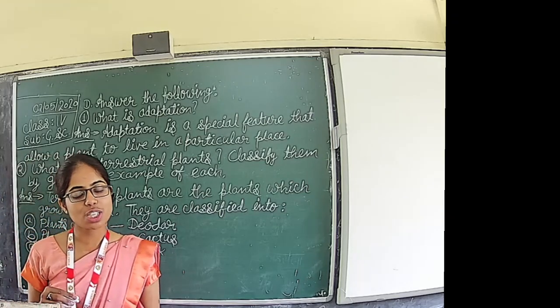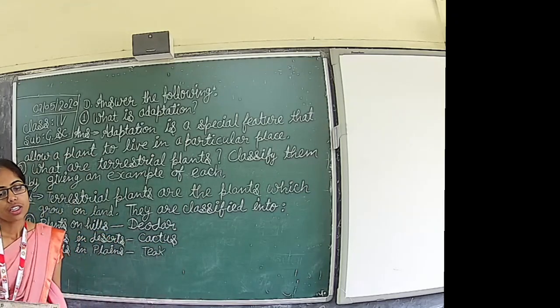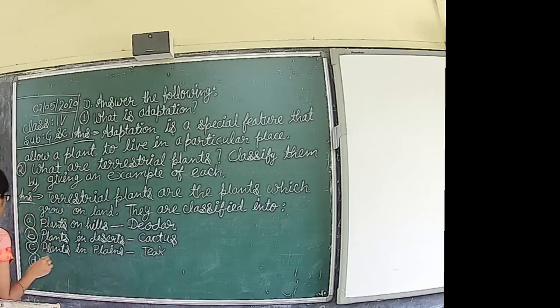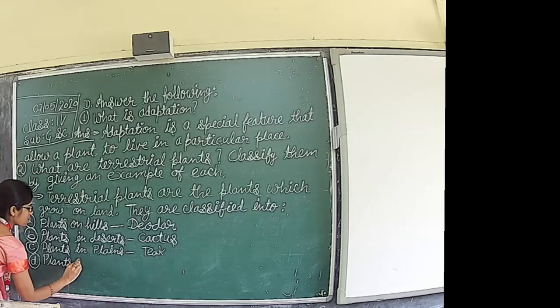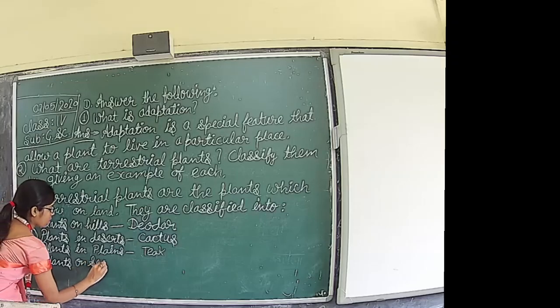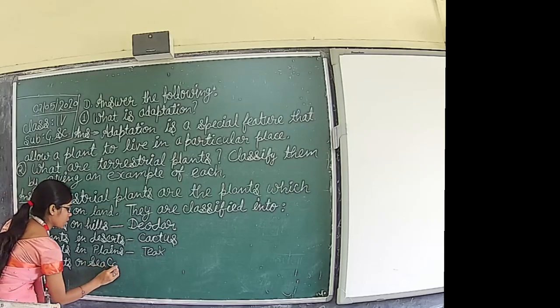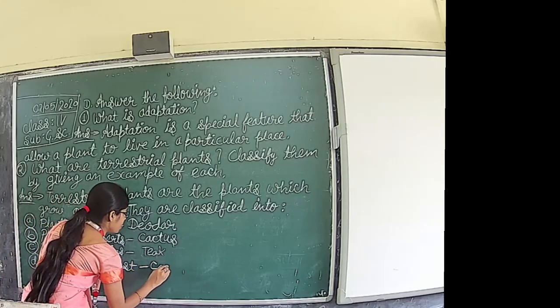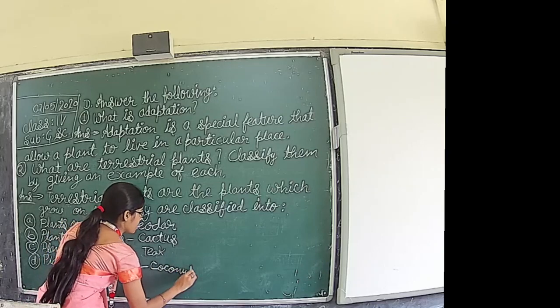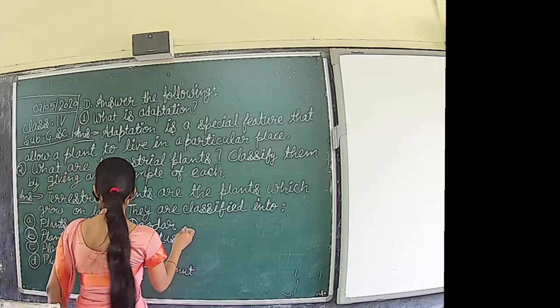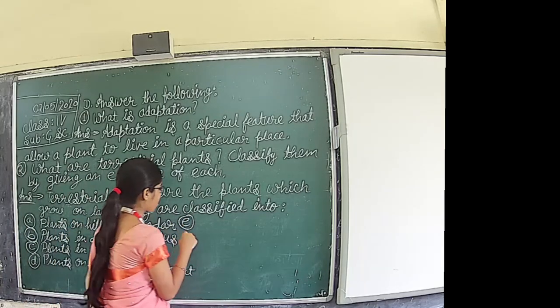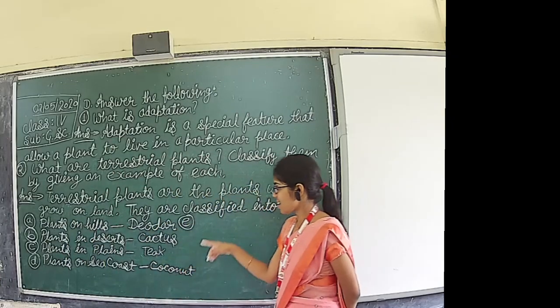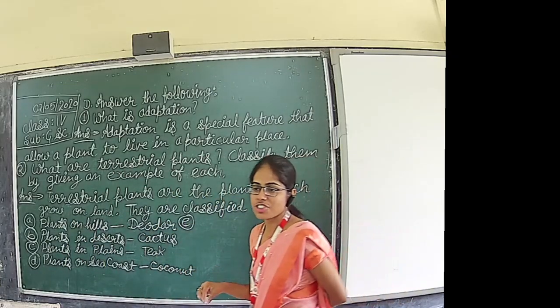Next classification, sorry, not question. Plants on sea coast. And one very common plant is coconut. And next classification I am writing here because the space is not there now. Down I can't write. So I am writing here. The last classification.